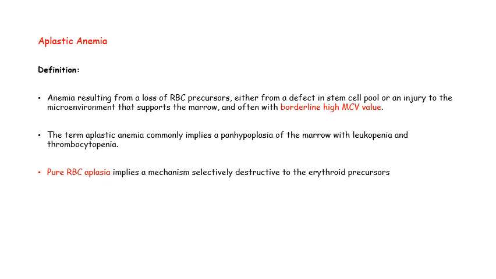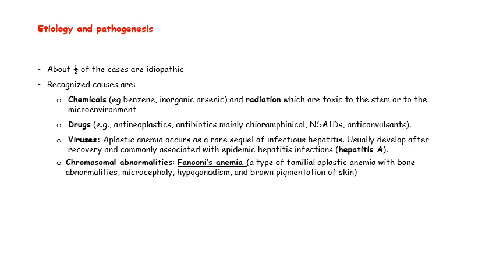We have a special form of aplastic anemia called pure red cell aplasia, which implies a mechanism selectively destructive to the erythroid precursors. Here, pure red cell aplasia is restricted only to the erythroid precursors. Regarding etiology and pathogenesis, about half of the patients are idiopathic.